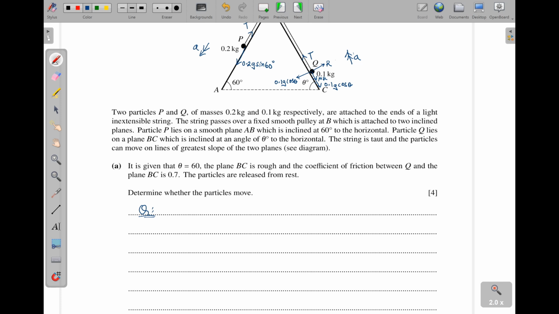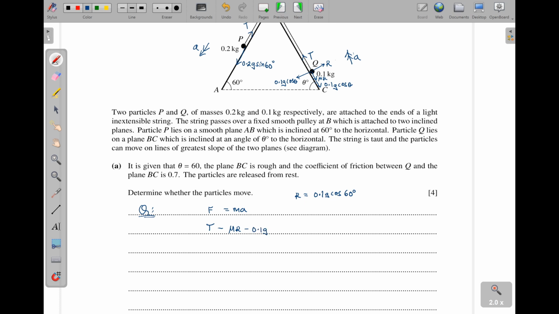Now, using F equals MA, remember our R is on Q, 0.1 g cosine of theta, where theta is now 60 degrees. The tension T is bigger than this one here, so minus mu R, then minus 0.1 g.